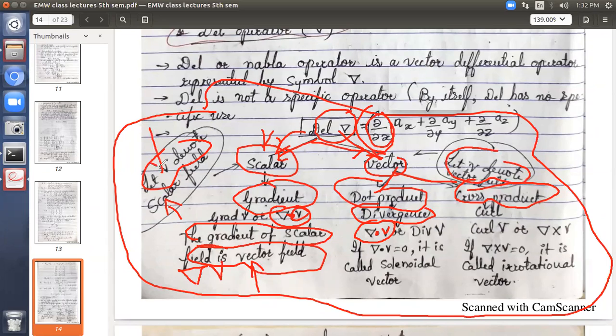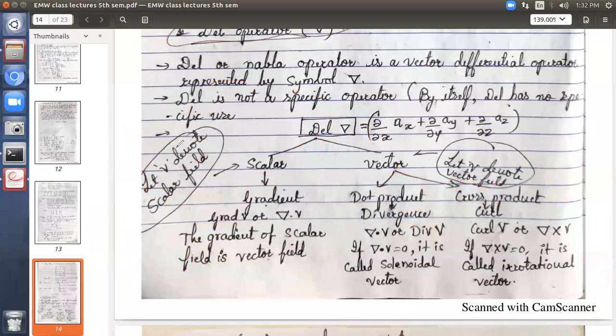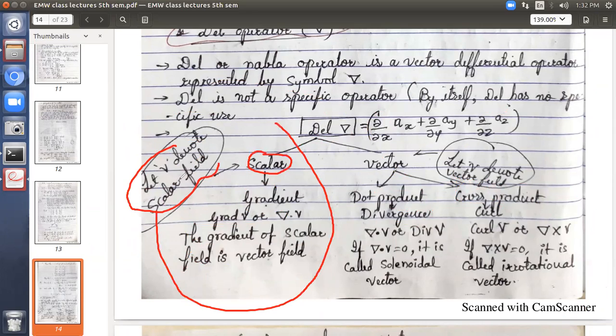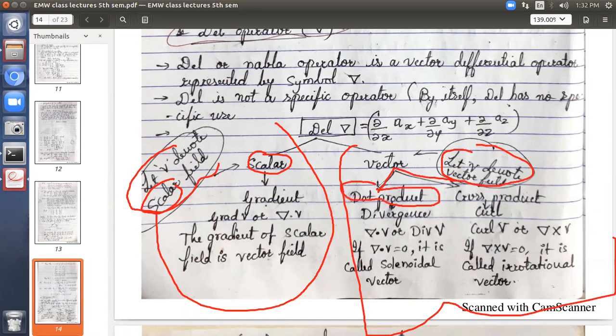Here it was a scalar field. In this first half, when we were using it on a scalar, whatever V we have taken, we have assumed it as a scalar field quantity. But when we are associating it with a vector, V is denoting a vector quantity. Again in a vector, if we are using it in terms of dot product, it is called divergence, del dot V, or in short div V, which indicates divergence of V.